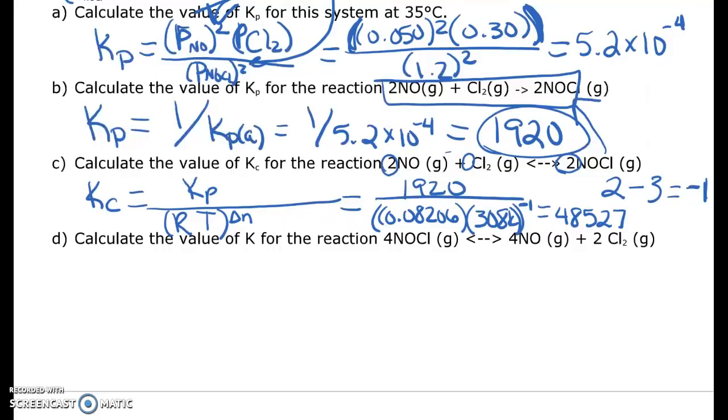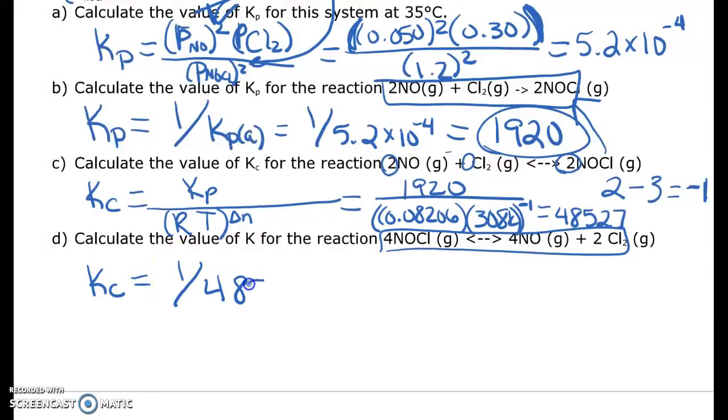48527. We can also use the same algebraic logic to complete the last one. So we have re-flipped this equation around. Since I have my actual Keq value, my Kc, which remember is my equilibrium constant, then by the same logic as in B, my Kc for that direction is going to be 1 over the Kc in the other direction.